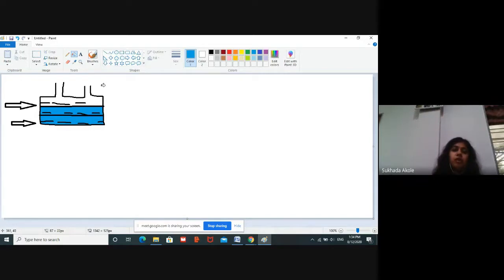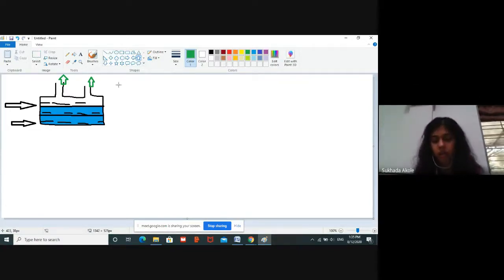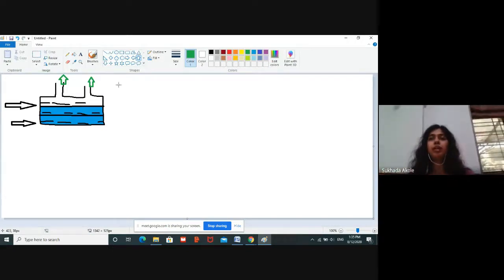My product will come out from these two ends. When my membrane filter gets filled up to the brim, these enzymes are going to react with the substrate and give out the product. The product can be sucked out using pumps.